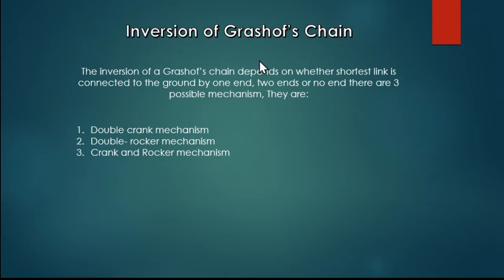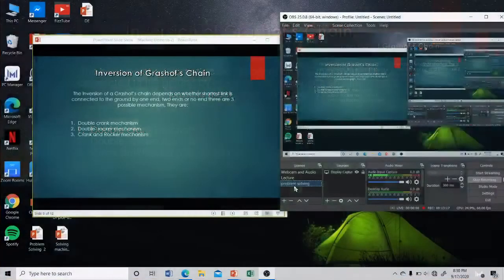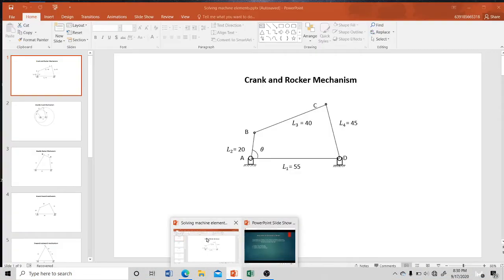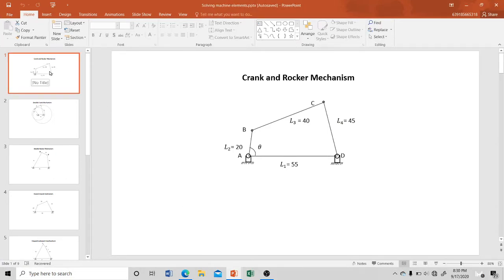So let us see an example or illustration of these Grashof's chains. We have the crank and rocker mechanism. What do we mean by crank? A crank is a lever that is capable of continuous rotation, so our input link should be capable of continuous rotation.